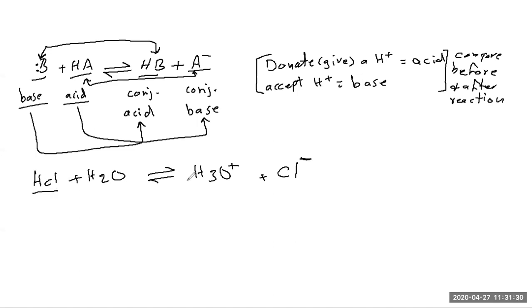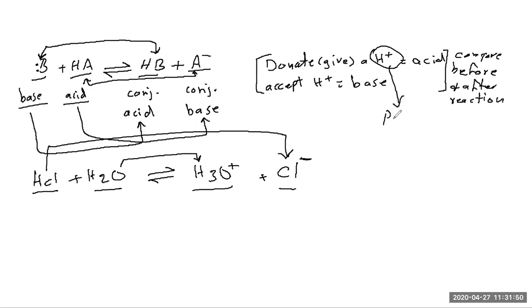Compare HCl with the Cl negative, H2O with the H3O positive. Here, HCl gives H positive, gives a proton. Don't forget the H positive, we call it the proton, and that represents the same as hydronium, H3O positive.